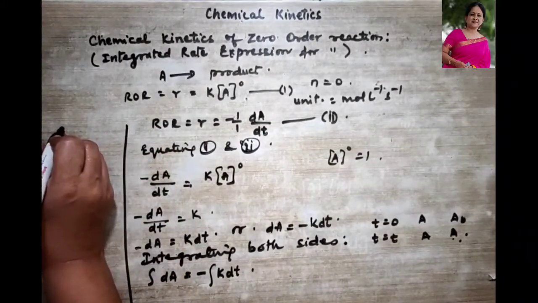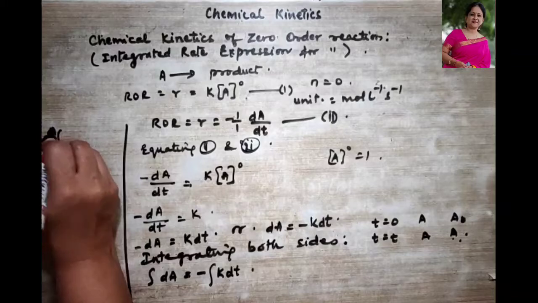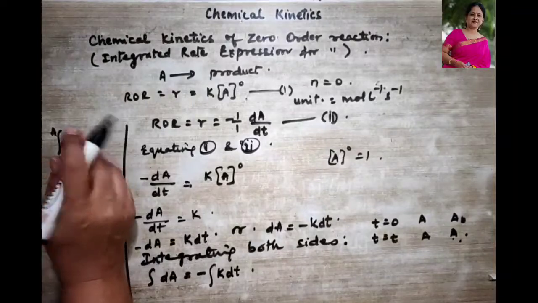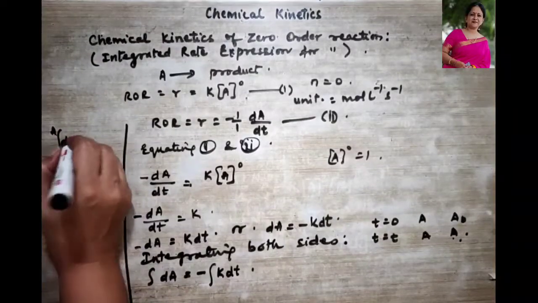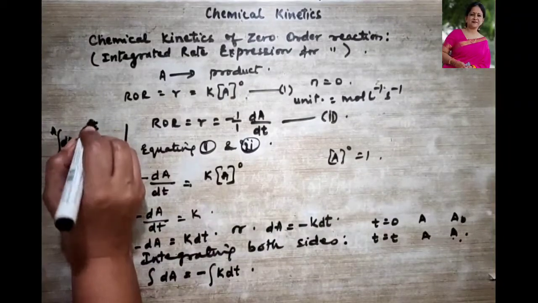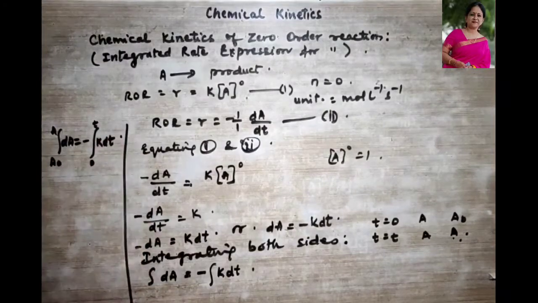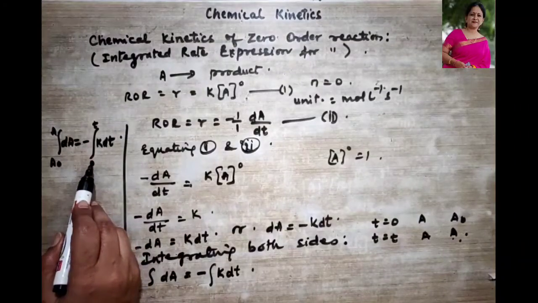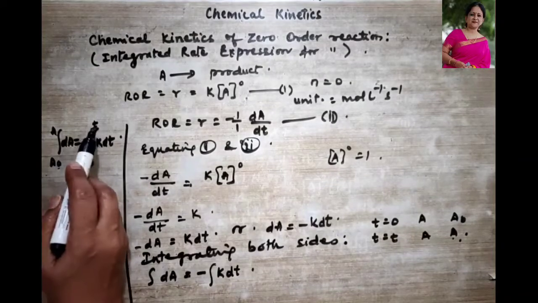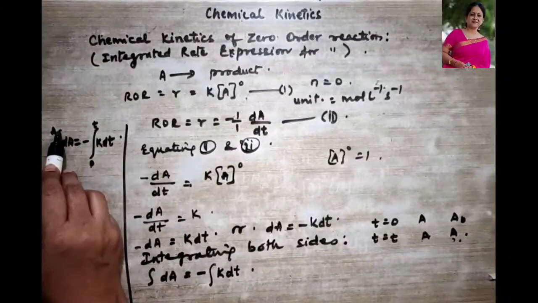Okay. So if we take the limits, then we can do it like this. Integral from A initial of dA is equal to minus integral from t initial of k dt. When the time was 0, then concentration was also A0, and when time became t, after a certain time, it became A. So this is what I have written over here.